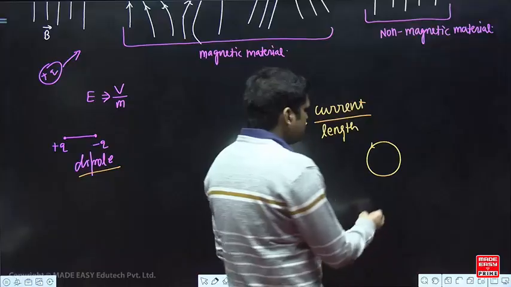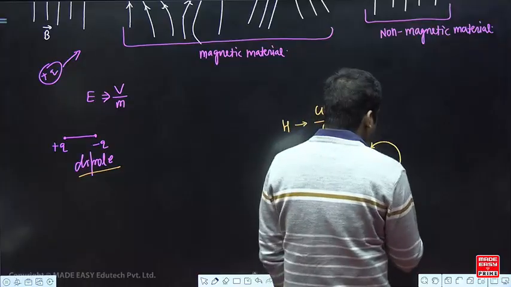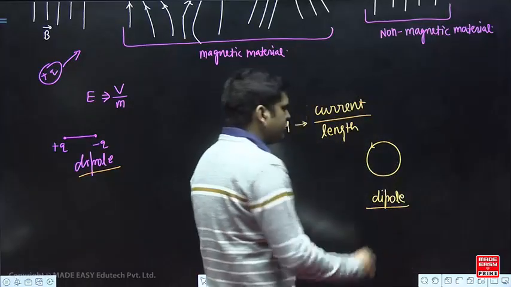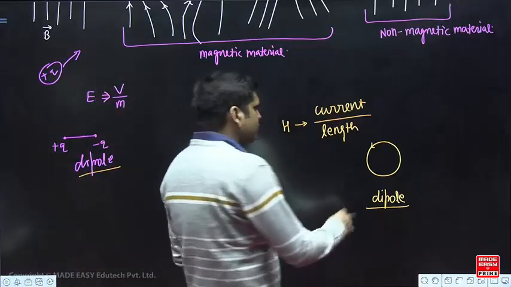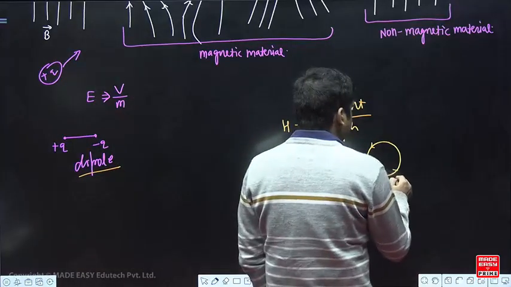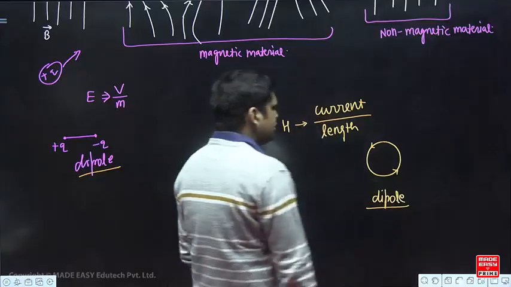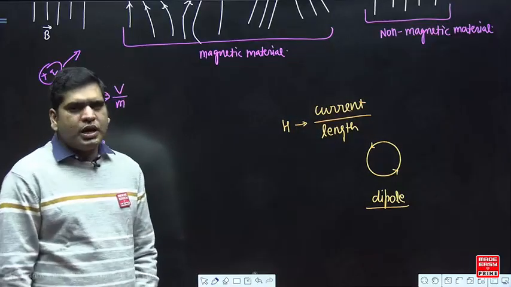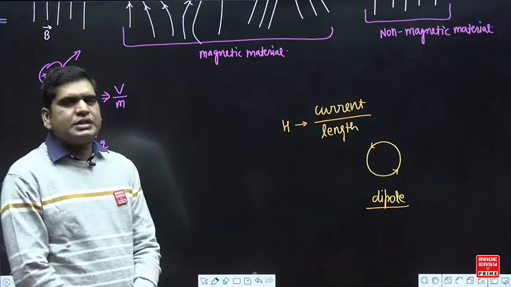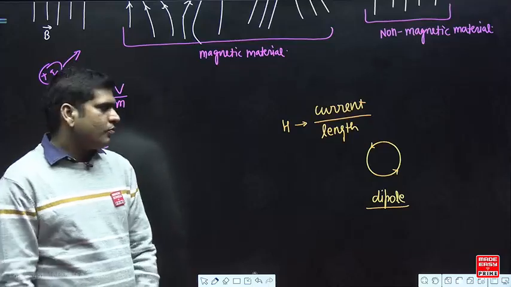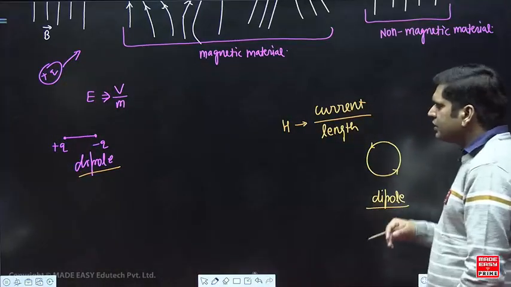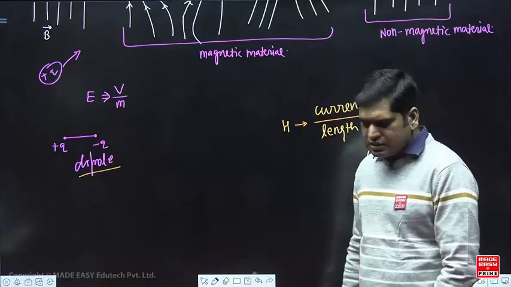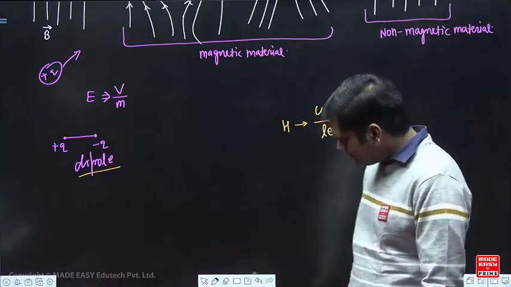Here the dipole is like this. A small circular closed current loop is known as a dipole. One end of this dipole, from where the current is leaving, is known as the north pole, and where it is entering is known as the south pole. So a small circular current loop can be considered as a magnetic dipole.